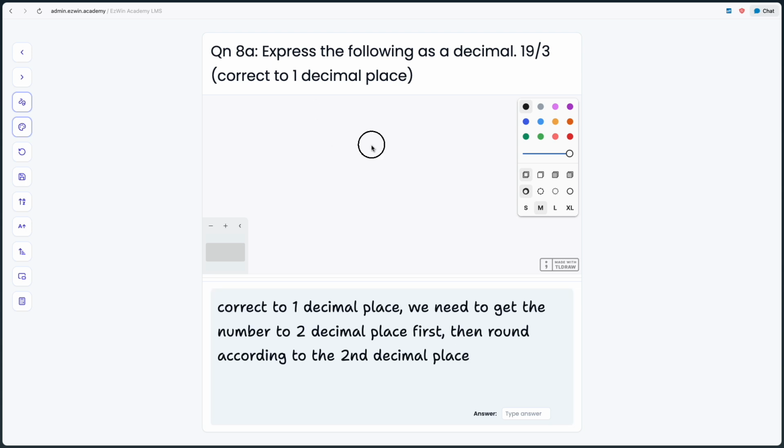So we just need to divide. Okay, so in this case, it's 19 divided by 3, right? In this case over here.